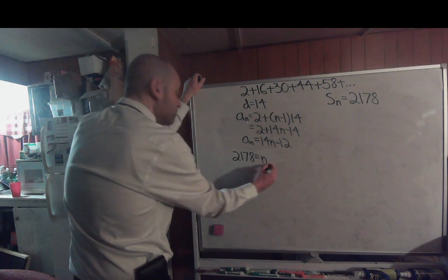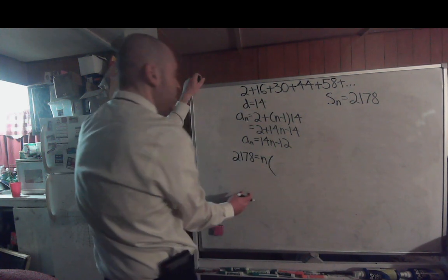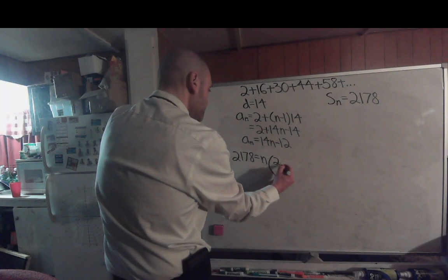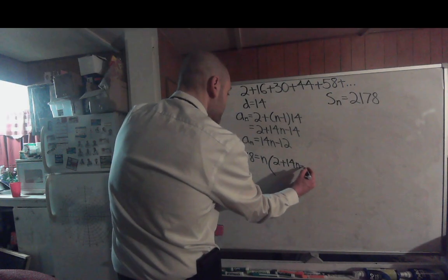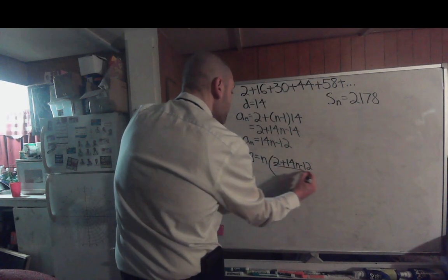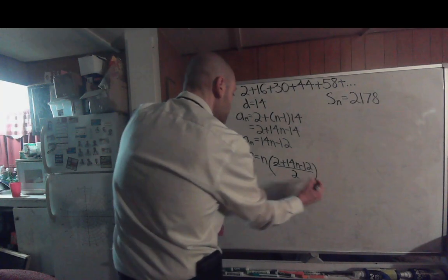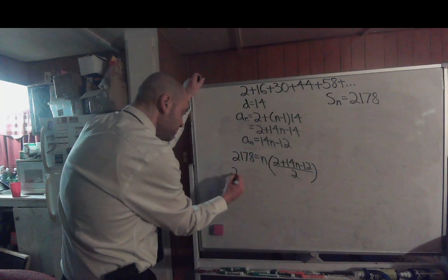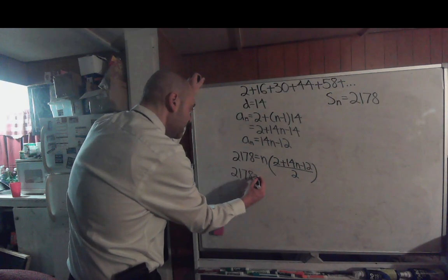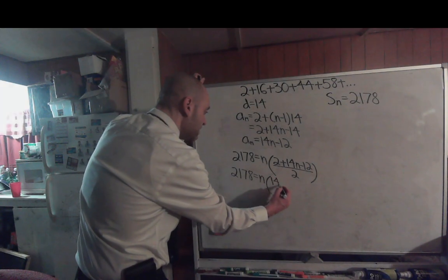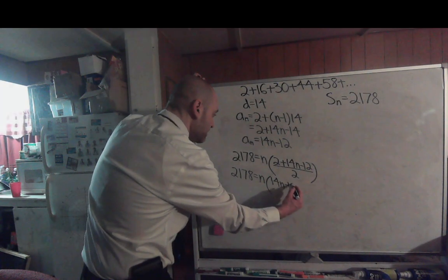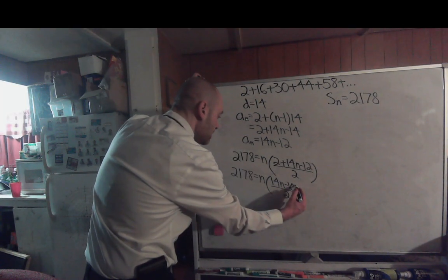That equals n, which we don't know yet, times the quantity of a sub 1, which is 2, plus your a sub n, which is 14n minus 12, all that divided by 2. So 2,178 equals n times the quantity of 14n minus 10 all over 2.